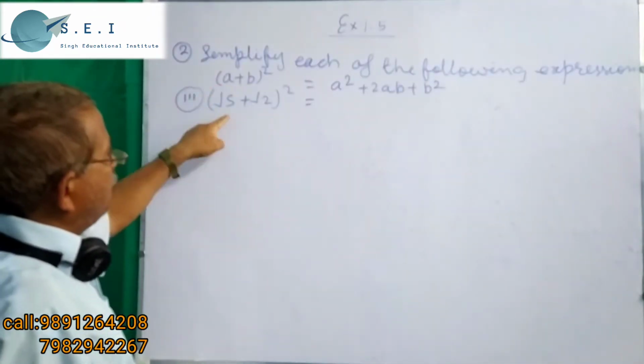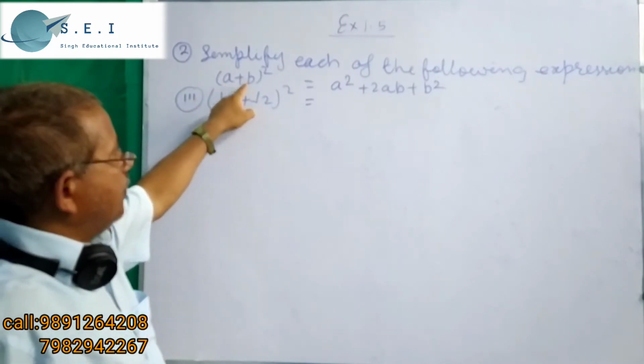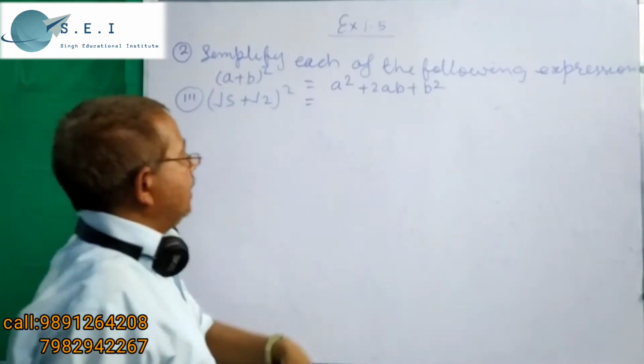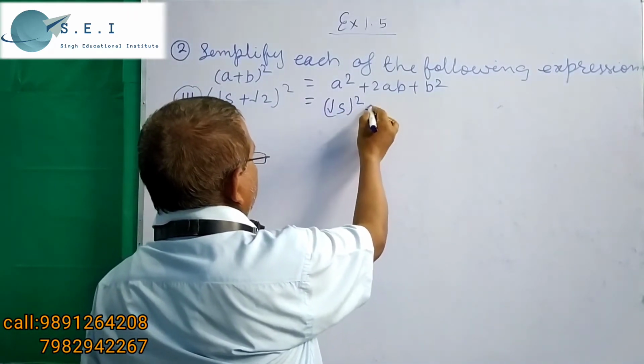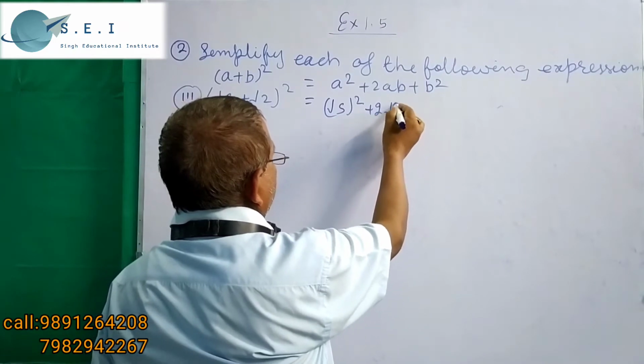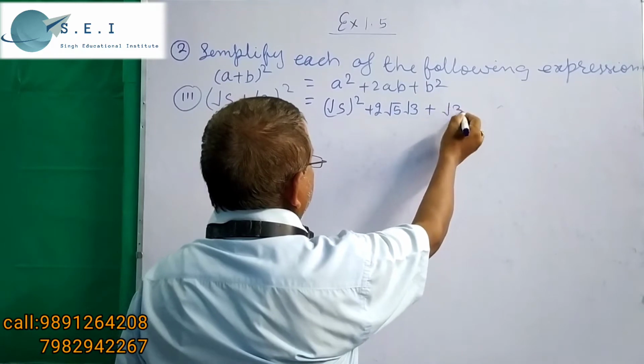Put root under 5 in place of a and root under 2 in place of b and expand it. So a is root under 5 square plus 2 times root under 5 times root under 2 plus b square, root under 2 square.